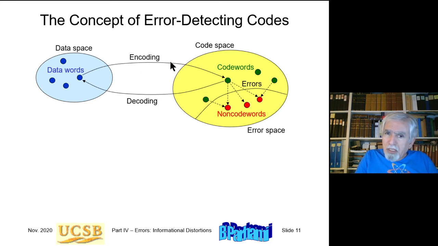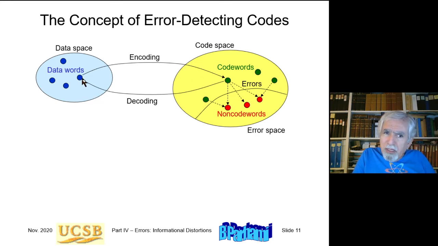Okay, now what code I use we'll discuss later, but for now, just assume there's some suitable code that takes 32-bit data words and turns them into 40-bit code words. And then that 40-bit code word can be decoded, and from it we can generate the original data. And this relationship is often one-to-one.